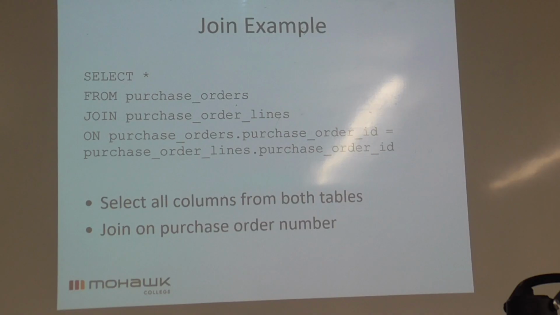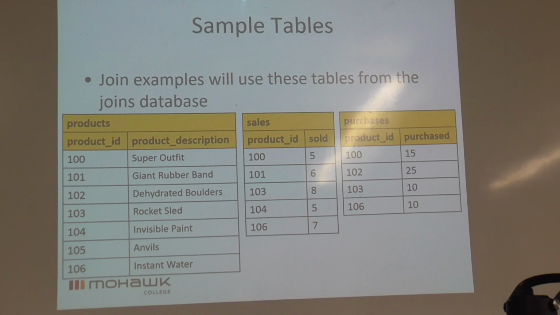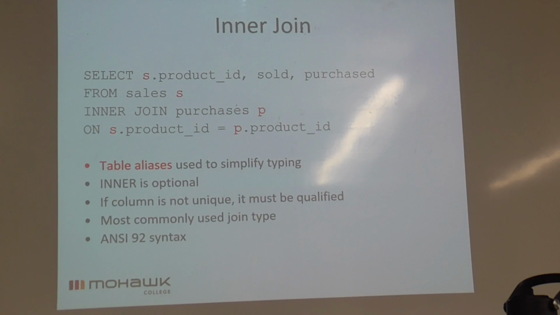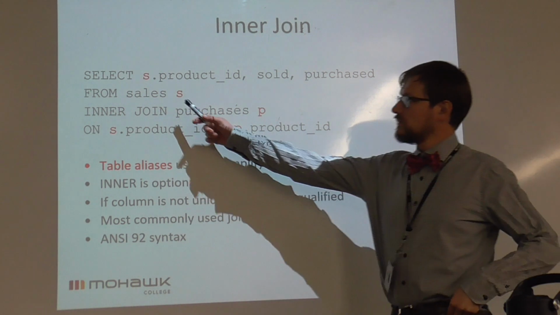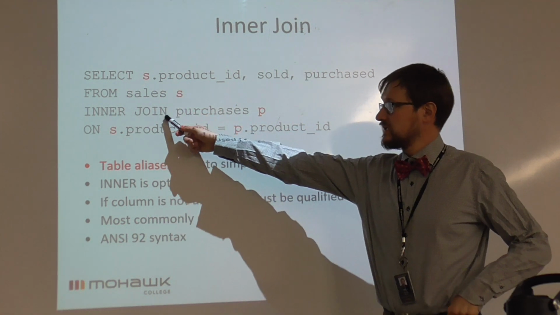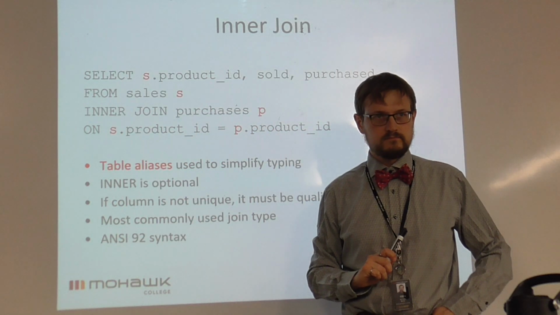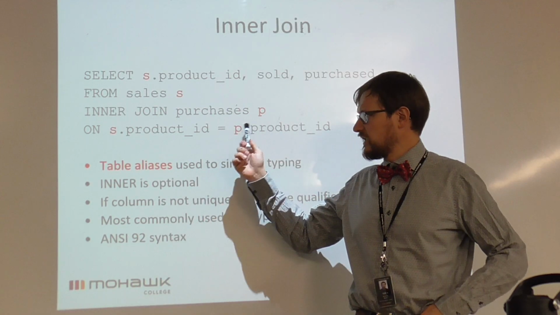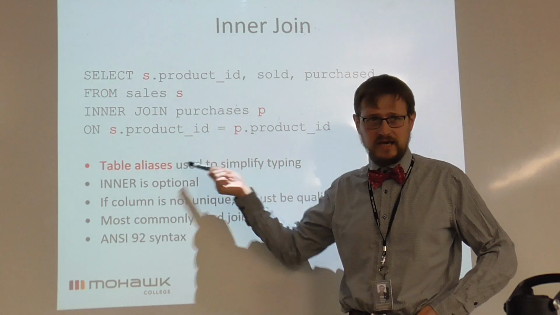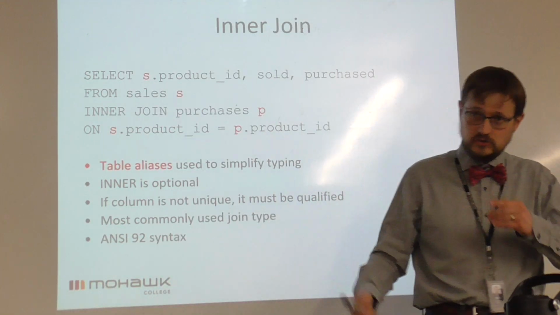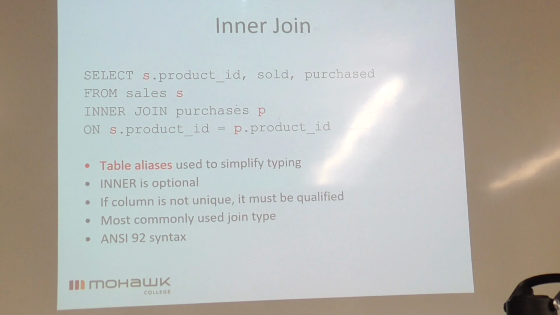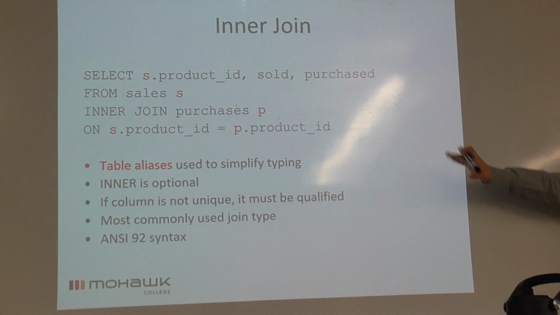Right? That's just annoying. If we alias the sales table as S and purchases as P, we can use more compact syntax. Make sense? This is optional. You don't have to do this. You can use the full name if you wish to. Just understand you'll probably see things that look like that. Make sense? So far so good. Any questions? Okie dokie.